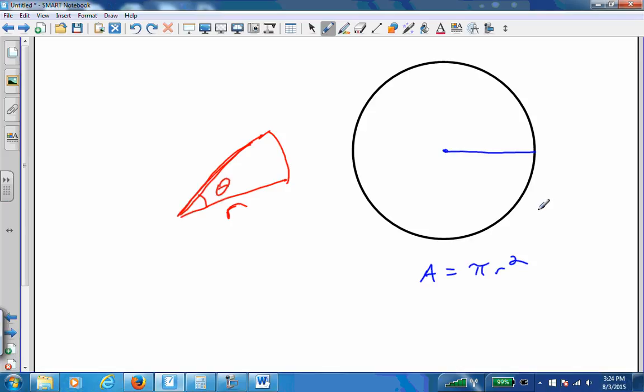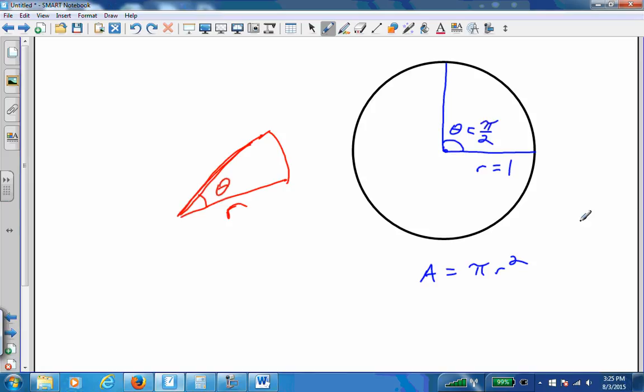So let's see. If we were to take, let's say we had a radius of 1, what angle is that? 90 degrees or pi over 2.